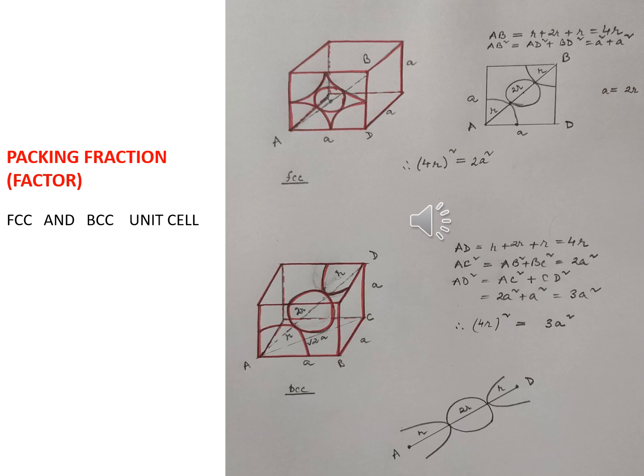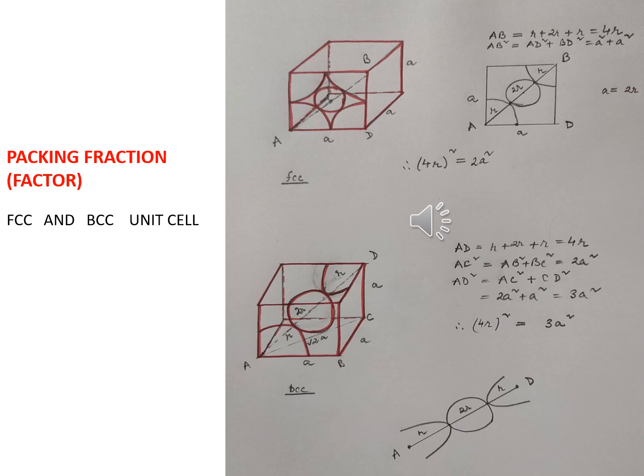Similarly, we can find a relationship between r and a in case of BCC also. In case of BCC, the length AD is equal to 4r, and from geometry AD is also equal to root 3 into a, that is AD squared equals 3a squared. So we have (4r) squared equals 3a squared.